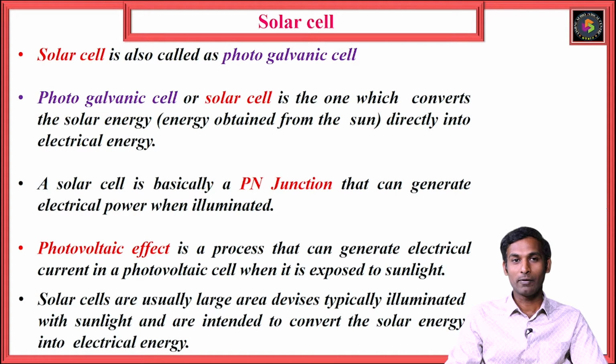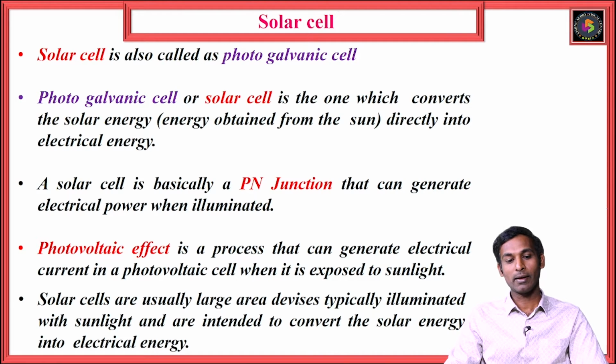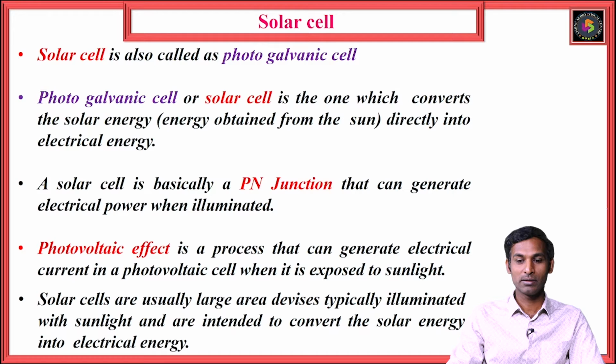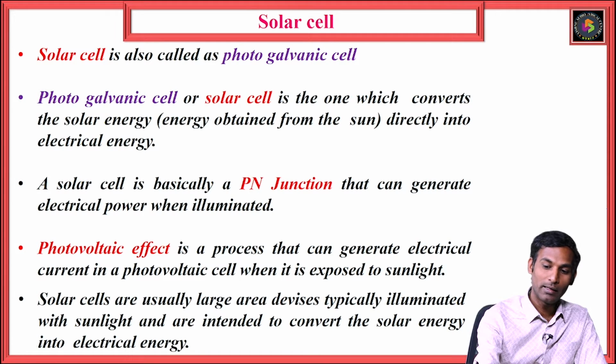In fabrication, the solar cell is constructed as a PN junction diode that can generate electrical power when it is illuminated. That's why it is also called the photovoltaic effect. The photovoltaic effect is a process that can generate electrical current.